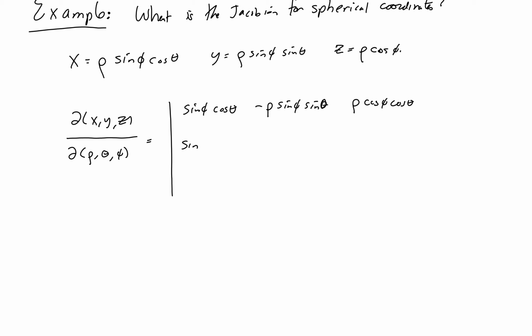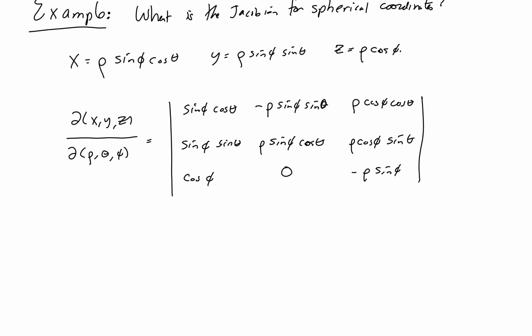And similarly, if you do the rest of these, you get sine phi sine theta, rho sine phi cosine theta, rho cosine phi sine theta, and then for this one you get cosine phi, and since there's no theta, that one's 0, and then minus rho sine phi.